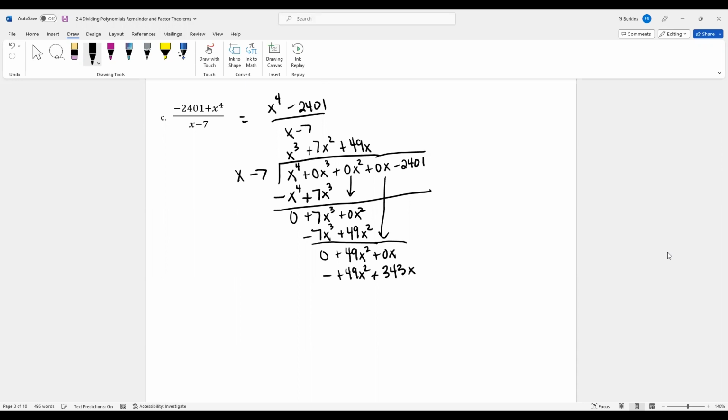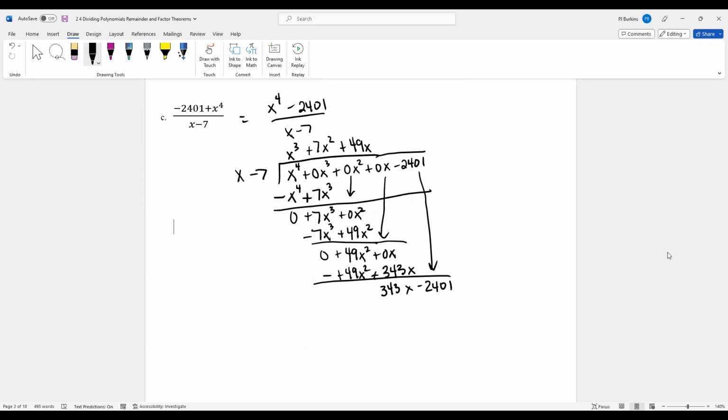Change the sign of everything and then add down the columns. The 49x squared terms cancel. Then we have 0 plus 343x. That's 343x. Then bring our last digit down here.